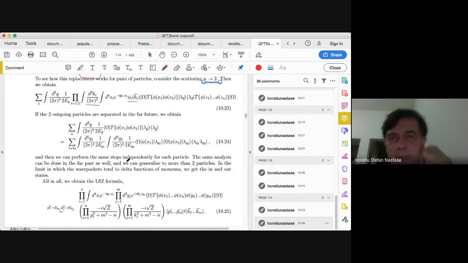But the new factor is, as I said, that still, even with the wave packet, the two outgoing particles can still be separated in the far future, which means that when I have this lambda k, even if I have the wave packet phi of k, I can still separate them.